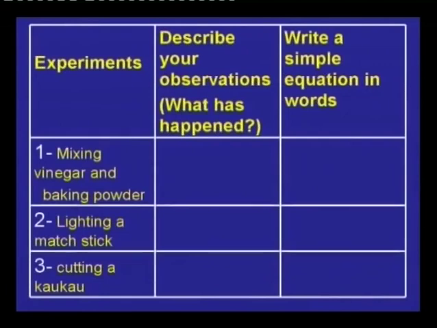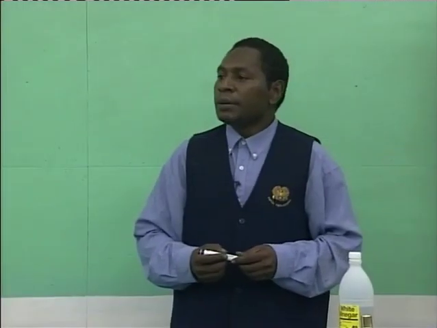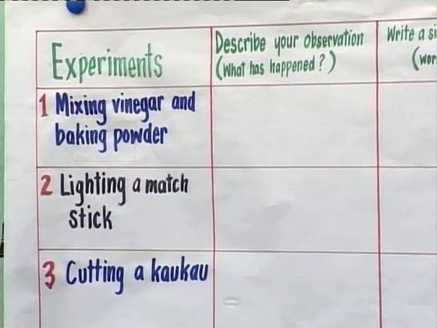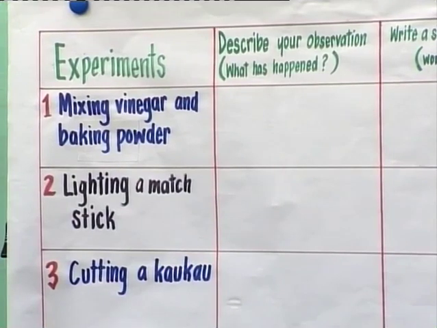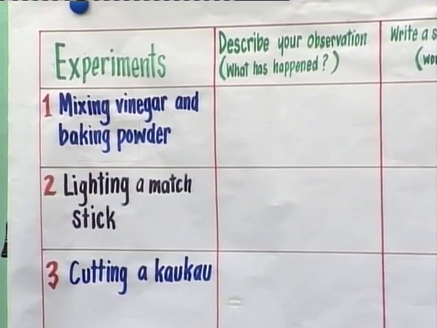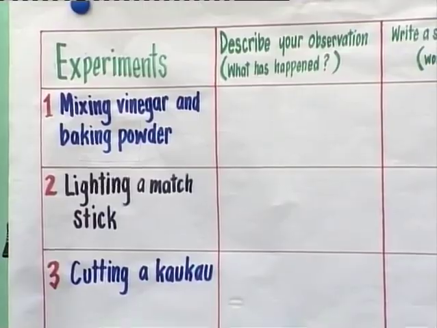Can anyone tell me? You cut up a cow and you leave it for 5 minutes. What happens to the meat around the cow? Anyone? Receiving students, you may also tell your teacher. Let's imagine that you have cut a cow in half. And what happens to the inside of the cow?